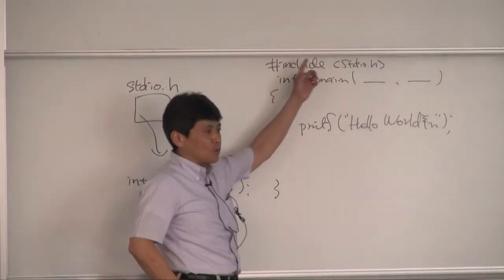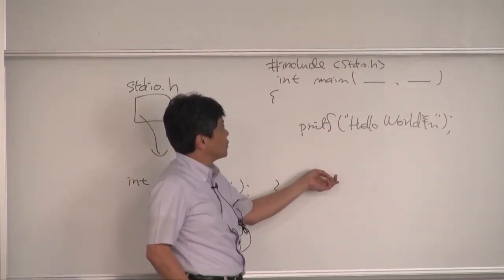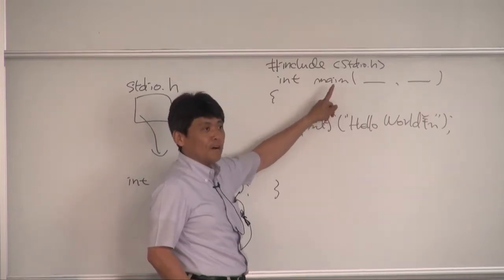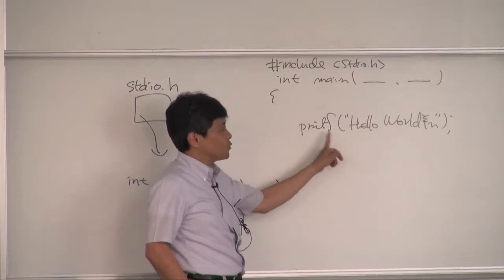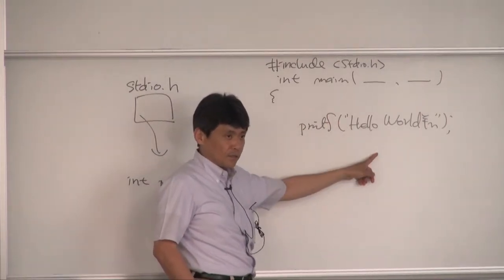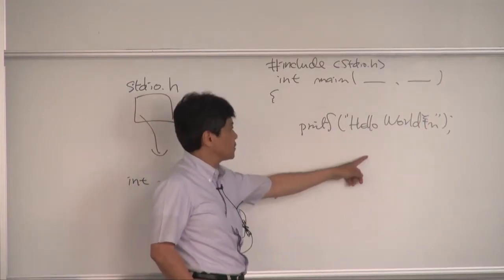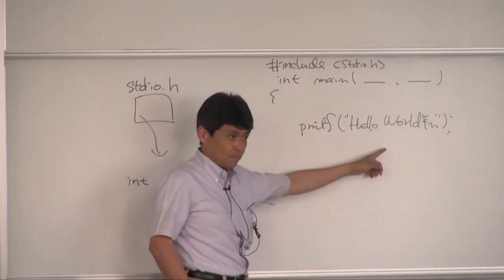So this is the main program. Of course, there is one main function. Inside the main function, you use the printf function, which is one of the library functions. Without defining the content of this function, you can use it.